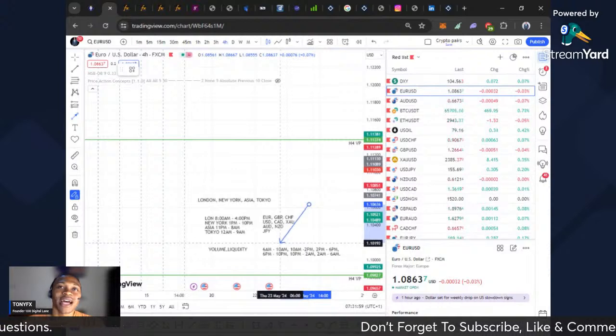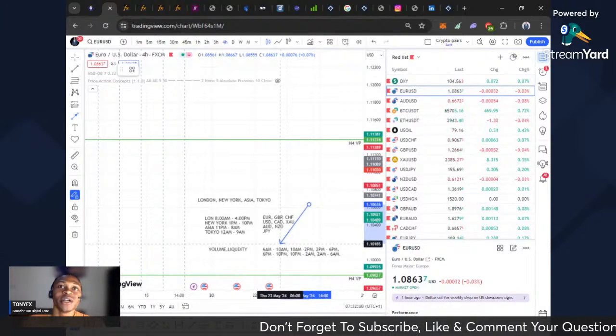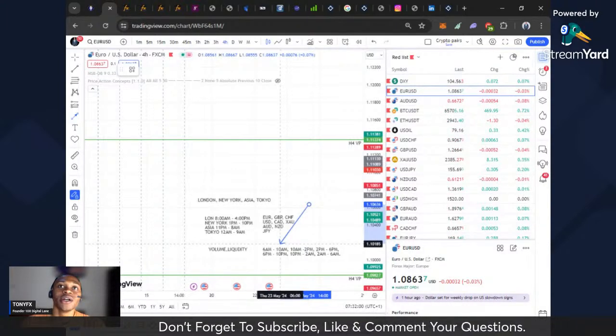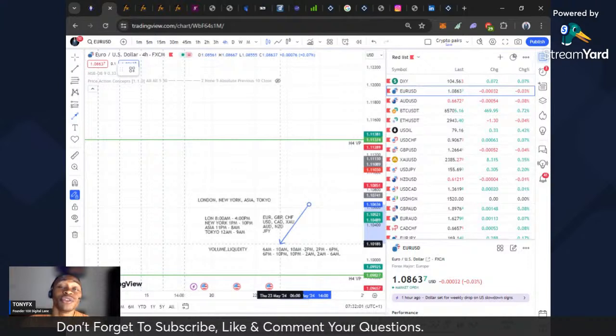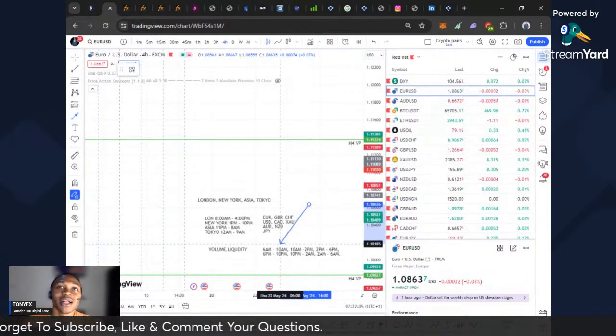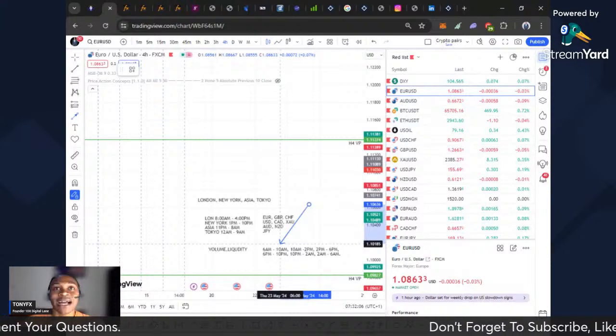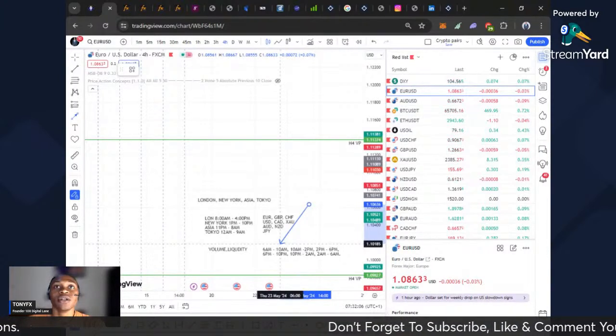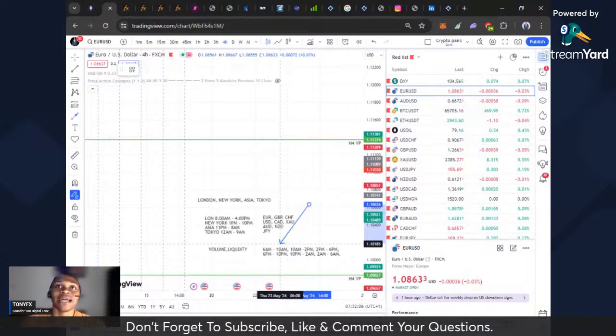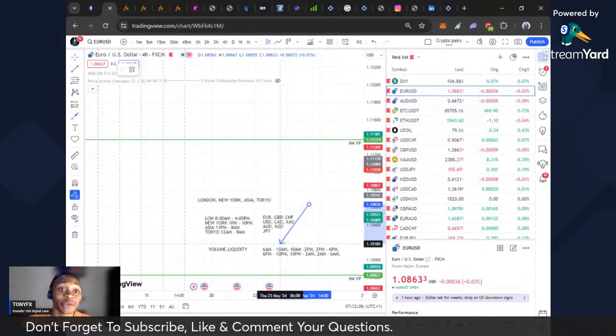Yes, I got it in 2021. I didn't take it seriously, but in 2022, that's when I took it seriously, and I was able to use the same hack, just trading one currency pair, to grow my account to $600.